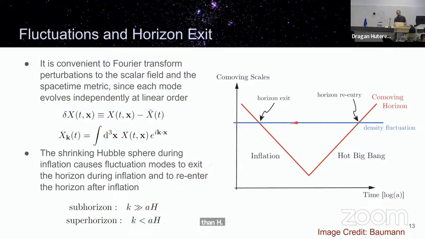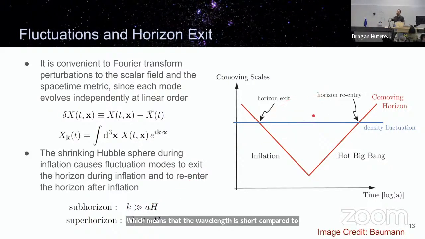And then superhorizon refers to scales like this, where the blue line is above the red line. That's where the wavelength is long compared to the Hubble sphere. And so, right, those two regimes will be important. So any given fluctuation mode starts its life inside the horizon during inflation. It's stretched outside the Hubble sphere during inflation because the Hubble sphere shrinks while the mode grows. And then after inflation, the Hubble sphere begins growing and it catches up with the mode, and the mode re-enters the horizon. Okay.